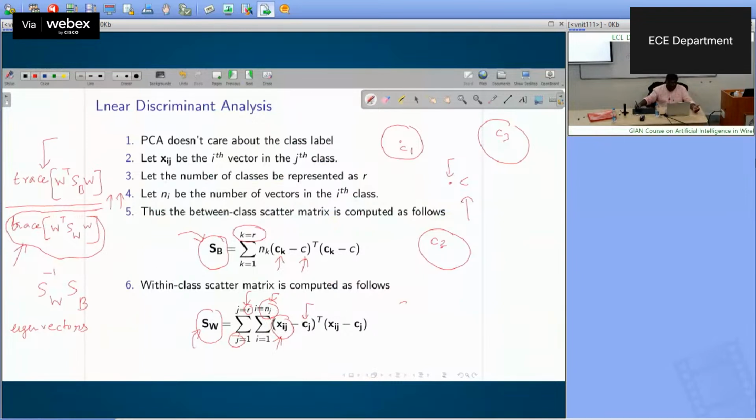So we can write something like this: SW inverse SB V equals lambda V. Otherwise, I can put it as SB V equals lambda SW V. This can also be the way, because sometimes SW is not invertible. But essentially, what we need to solve is this expression.